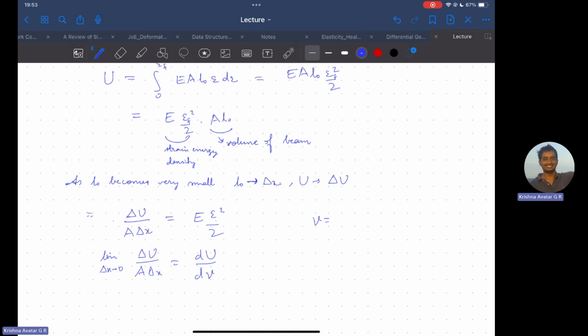Now v is the volume element. So delta v is the volume element. This was just a delta x. And this you can write as epsilon. And this is how you redefine strain energy function, strain energy density, for a small element.